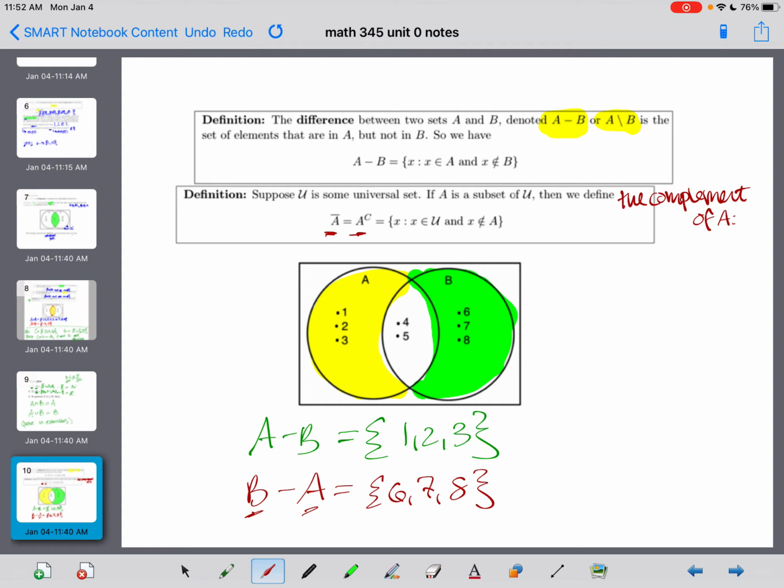So in our example here, we defined our universal set to be the natural numbers.